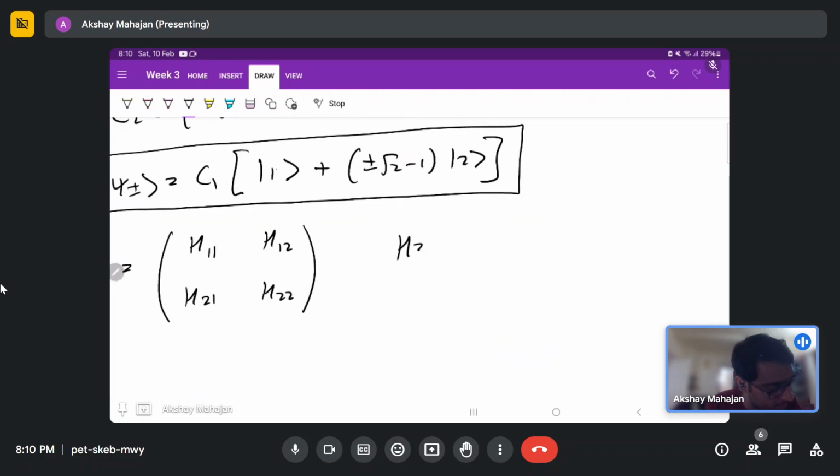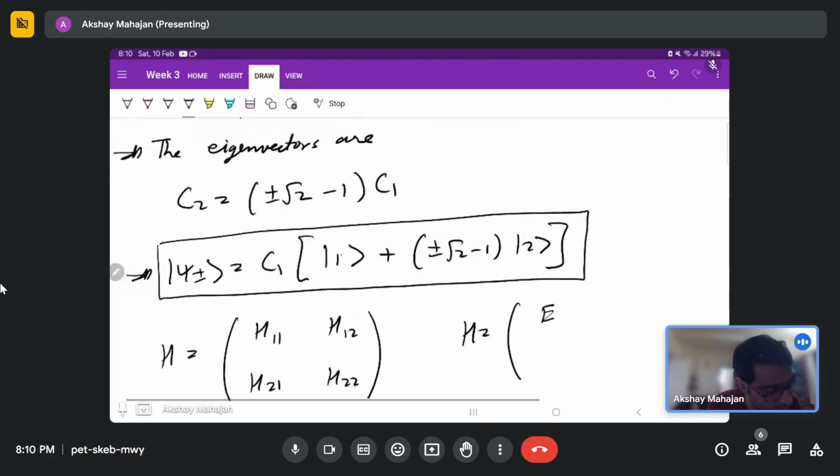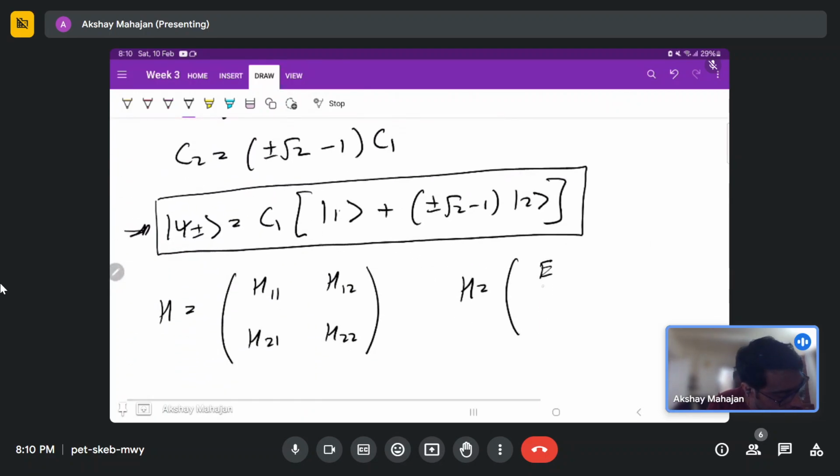Remember that this H will be just equal to this energy, plus minus root 2 epsilon. Let's say plus root 2 epsilon, 0, 0, minus root 2 epsilon. Let me just write it down. I made a mistake.